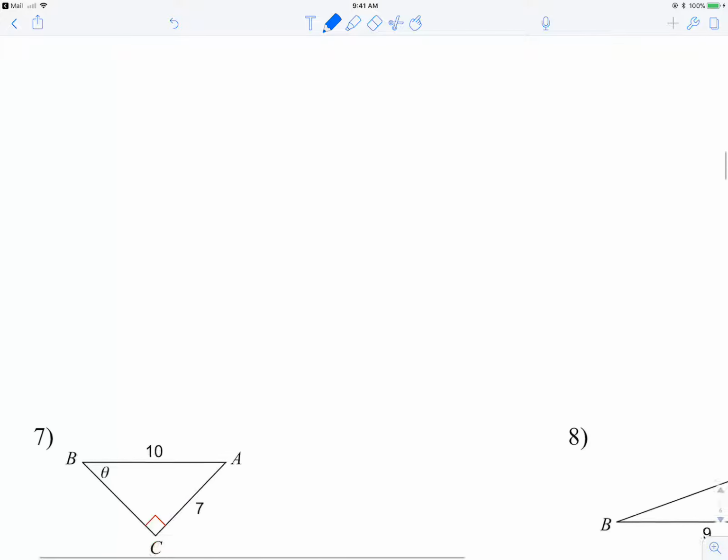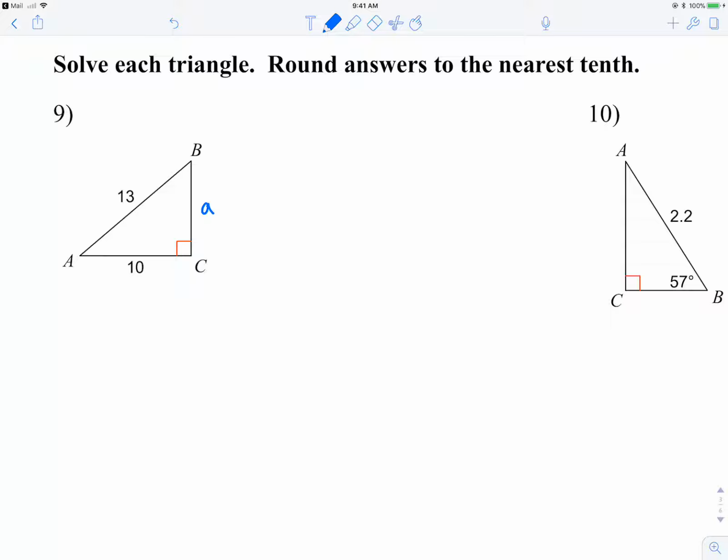Okay, so why don't we look now down at just solving triangles. So I'm moving down here to number 9, and we can see that we are missing the side opposite to angle A, so I'm going to call that lowercase a. And we are missing angles A and B. So I can determine what a is using Pythagorean theorem, right? Because this is a right triangle.